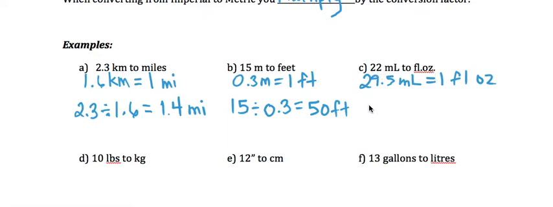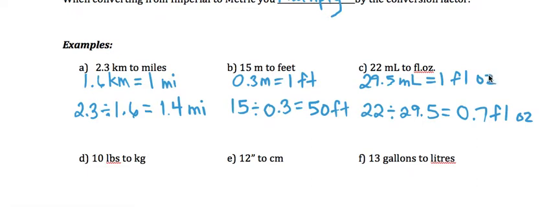So I take my 22 milliliters, because that's my original amount, and divide by 29.5, and that gives me the amount of fluid ounces it's equivalent to. So it's approximately 0.7 fluid ounces. I want to make sure that I keep my units in my final answer.